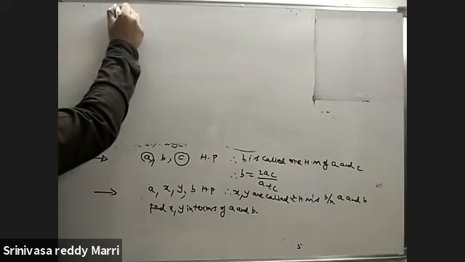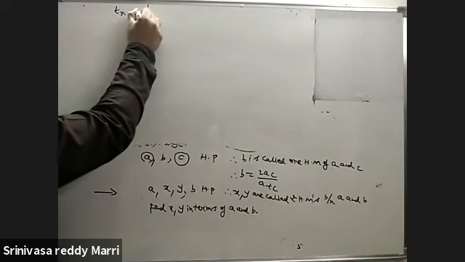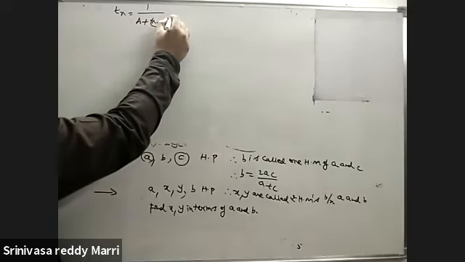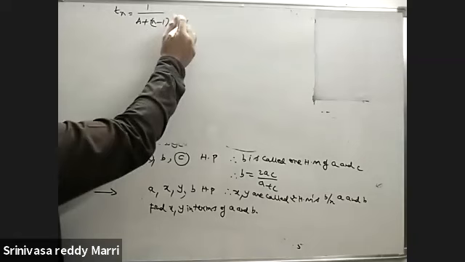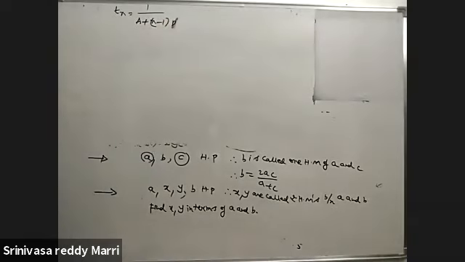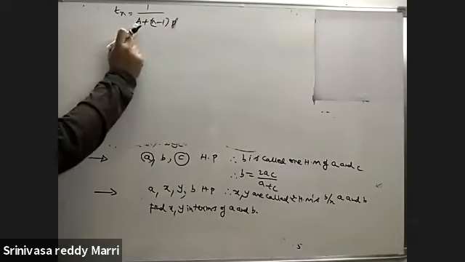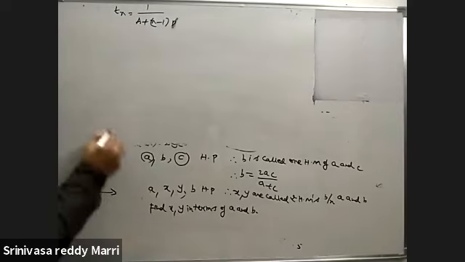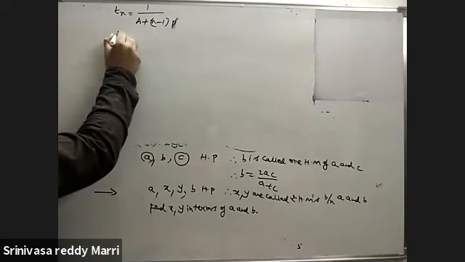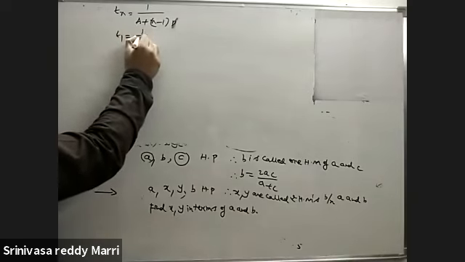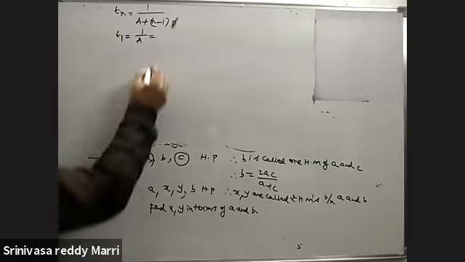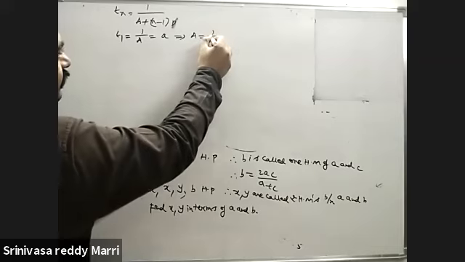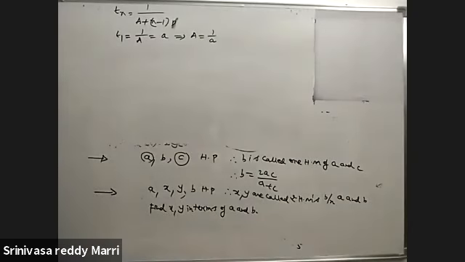So what is Tn? Let us take capital A, because small a is already there, as the first term of the harmonic progression: 1 by (A plus n minus 1 into capital D). So T1 is nothing but 1 by a, that implies capital A is 1 by a.